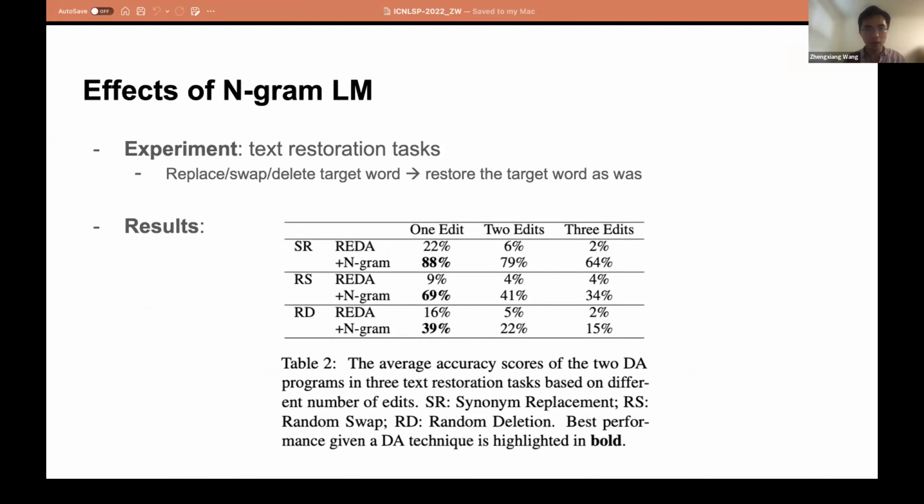We can also evaluate whether the n-gram language model improves the quality of the augmented text by some simple text restoration tasks, such as the following.